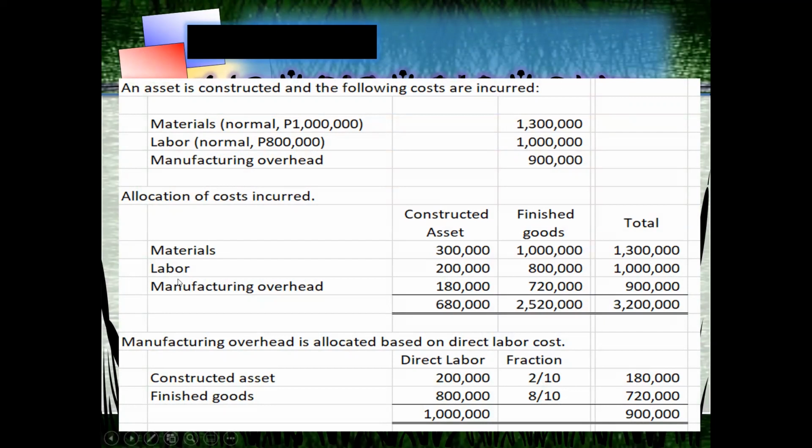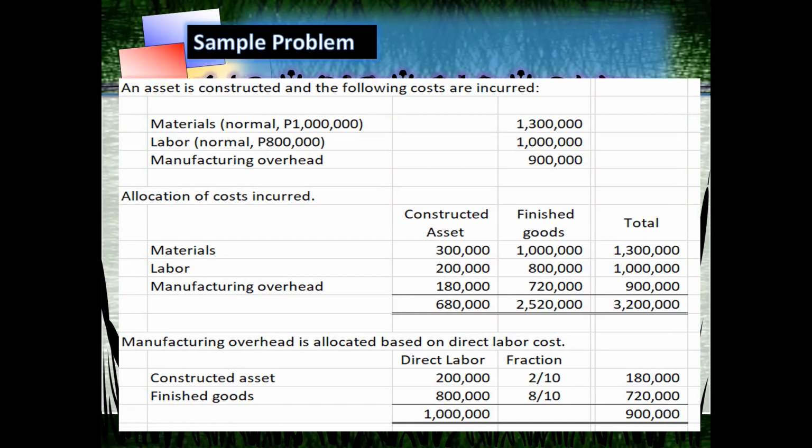For the manufacturing overhead, I know in your ACC 1, 2, 3, you are taught how to allocate the manufacturing overhead. But in this particular problem, it is basic. What we did is allocate the manufacturing overhead based on direct labor cost. Our direct labor for the constructed asset is 200,000. For the finished goods, we have 800,000.